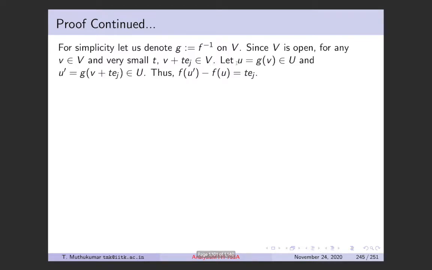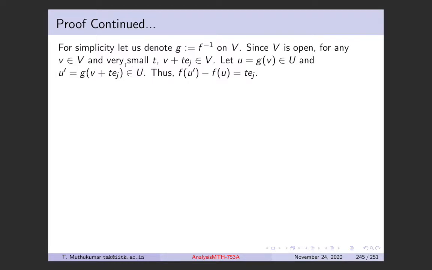Now you define u to be the image of g under v, so basically it's f inverse of v. g is f inverse, right? So f inverse of v is now in U. And you define u prime as g of v plus t e_j.